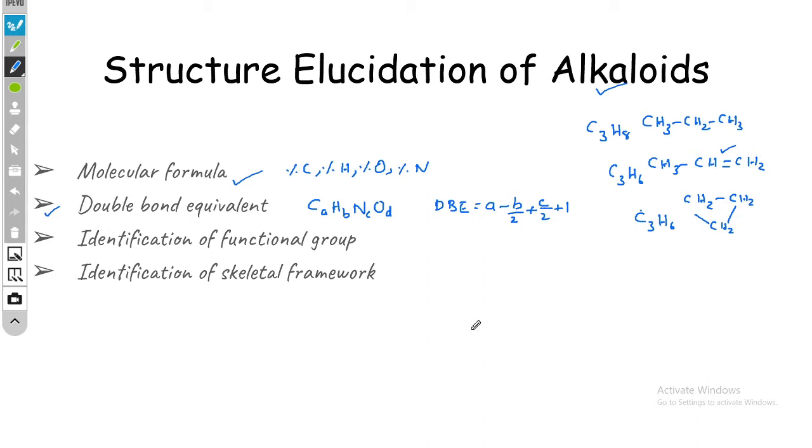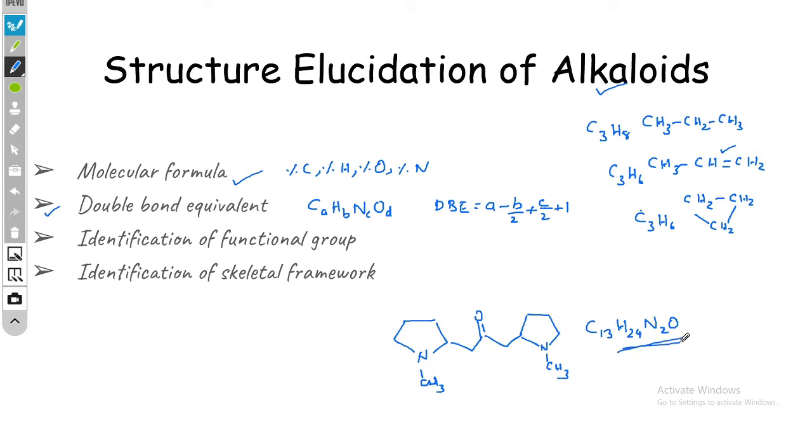Now we are considering a real example of an alkaloid. This is one example of an alkaloid; you can calculate the double bond equivalent of any organic compound. This is cuscohygrine, a real alkaloid molecule. Its molecular formula is C13H24N2O.